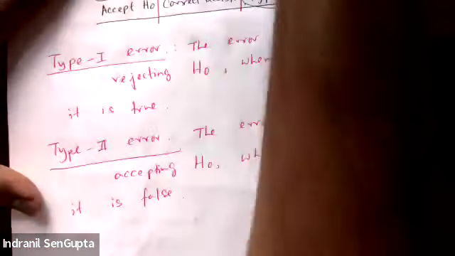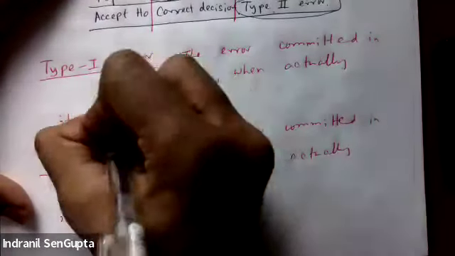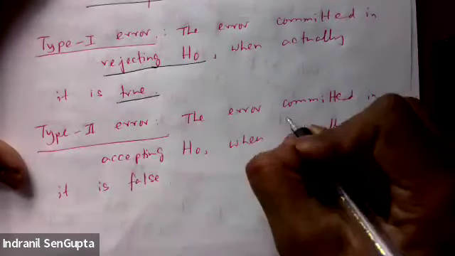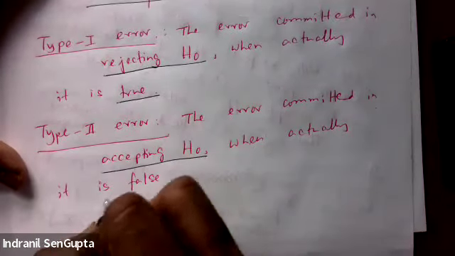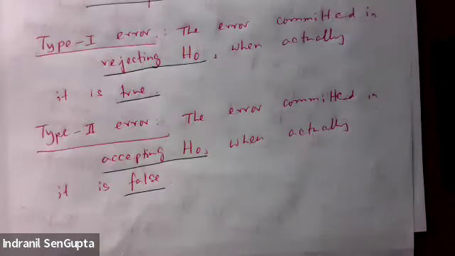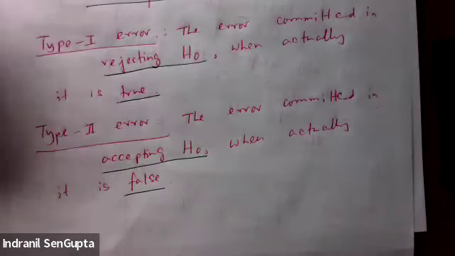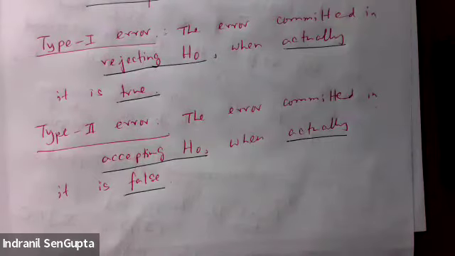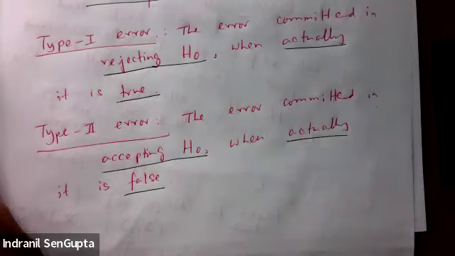So please note these two things: the first one is rejecting H0 when it is true, and the second one is accepting H0 when it is false. This is basically what we showed in this table.